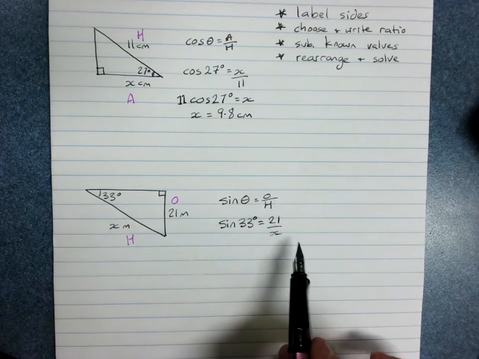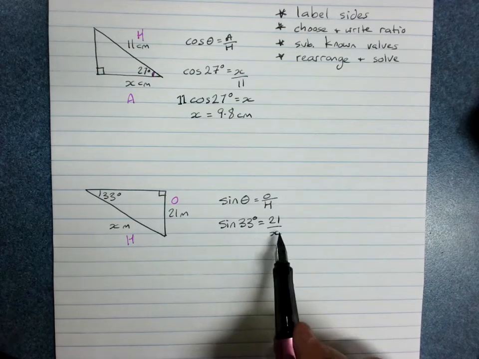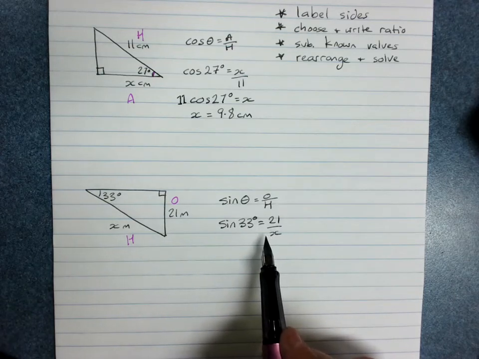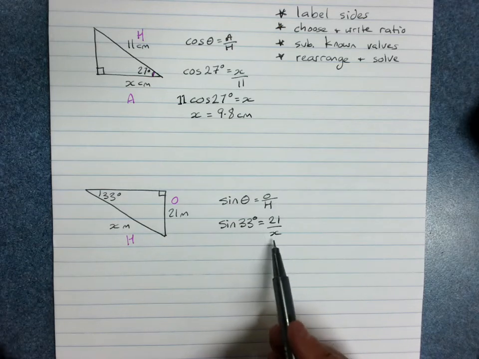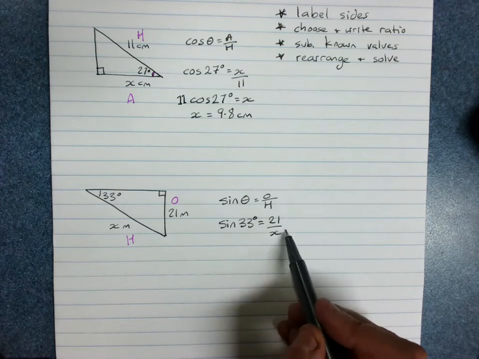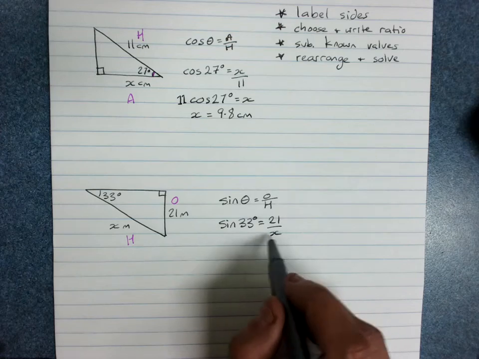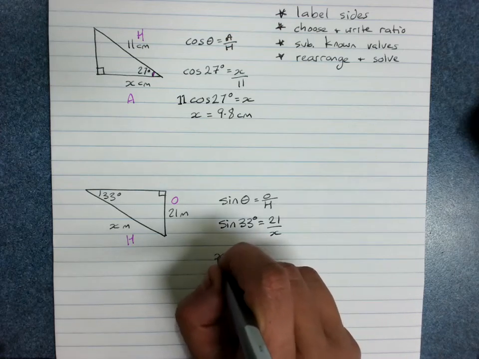Now rearranging to solve this, this is where you've got an unknown on the bottom of a fraction. You need to get x on its own, and you cannot leave x on the bottom there. To get rid of this divide by x, we would of course multiply by x on both sides.